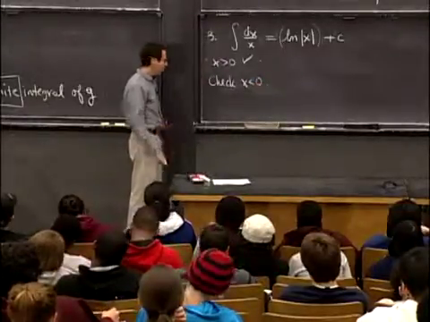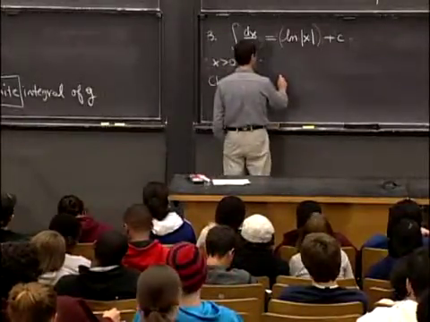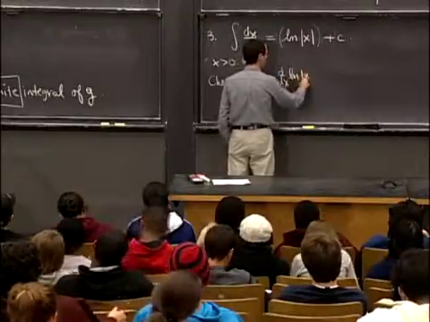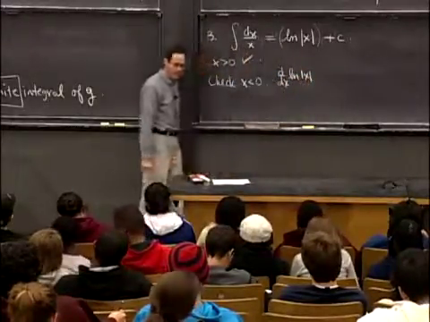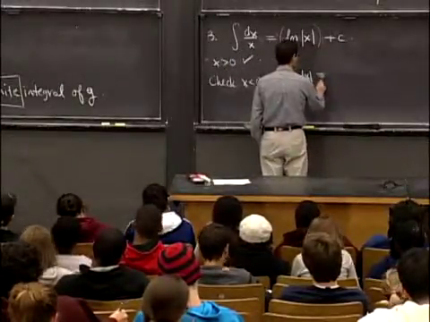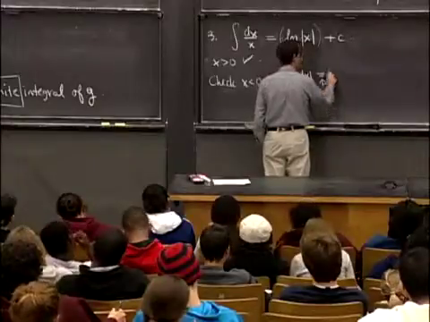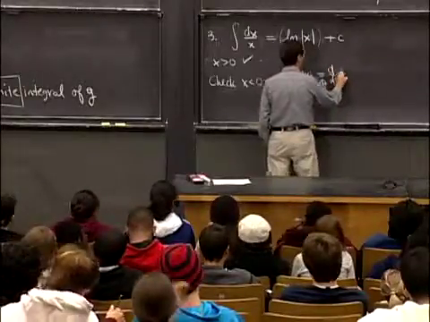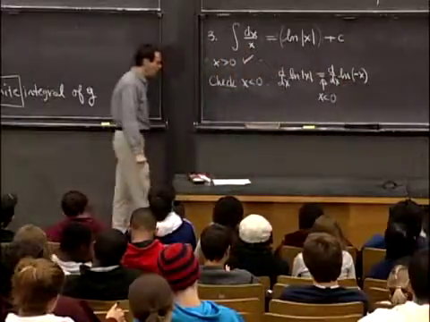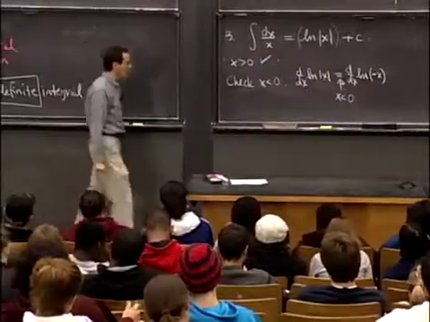In order to check the case x negative, I have to differentiate the logarithm of the absolute value of x in that case. And that's the same thing, again, for x negative as the derivative of the logarithm of negative x. That's the formula when x is negative.